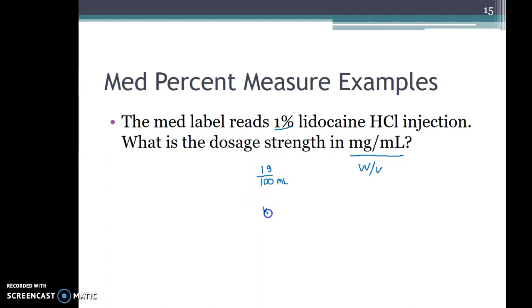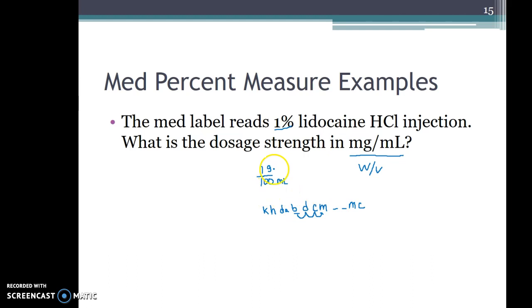So we memorize King Henry died by drinking chocolate milk full of microorganisms. Grams without a prefix would be a base unit, and we're supposed to get to milligrams, prefix of M. So we want to jump 1, 2, 3 places.